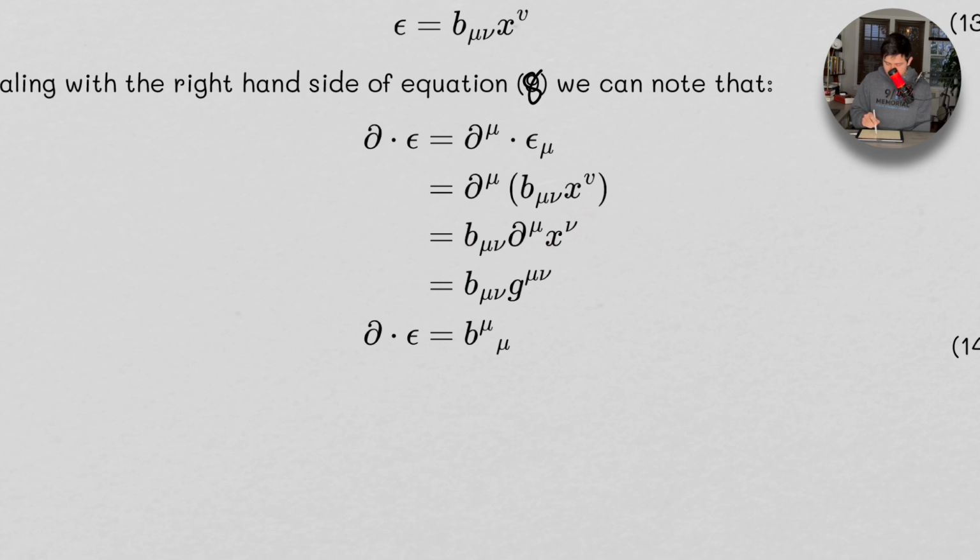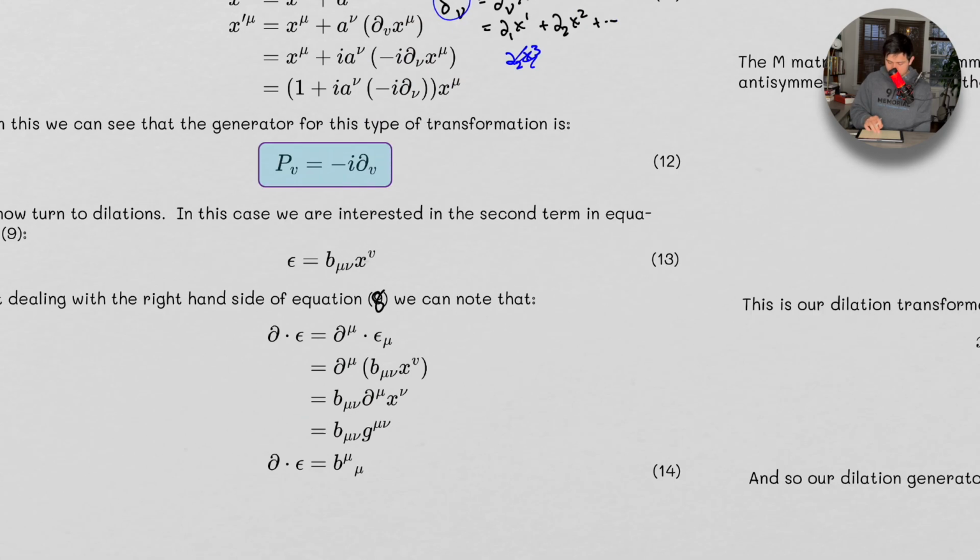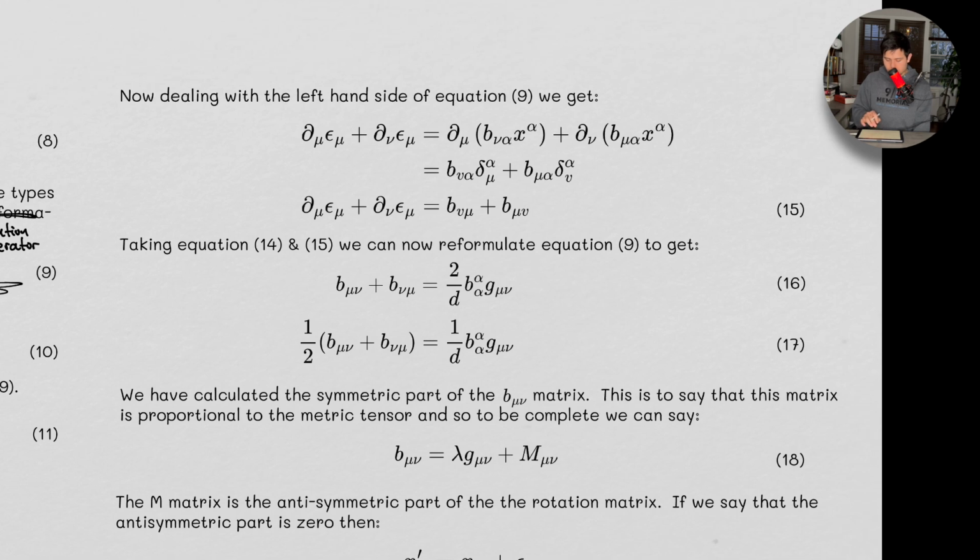And then this here is a metric, so this raises one of the indices, and we get this. In terms of this B rotational matrix, if we take the trace of it, we can get the divergence of our infinitesimal transformation.